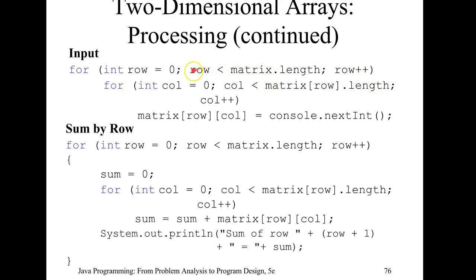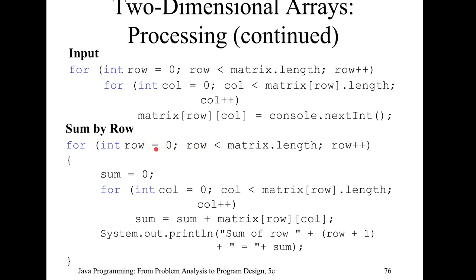Here, same thing, reading through rows and columns of a two-dimensional array, and instead of assigning it a value or printing it, I'm taking the input from the user. So everything up till what I do with it is the same.